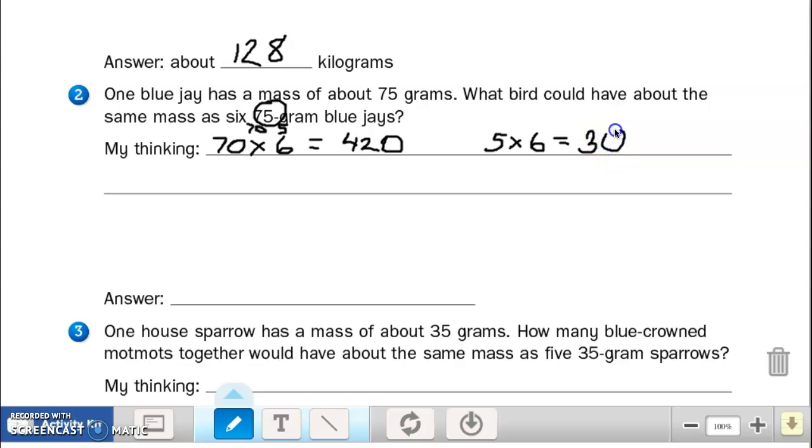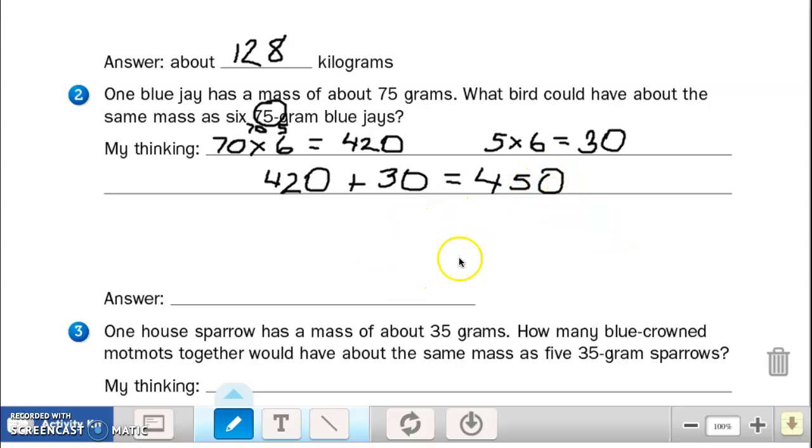And then I'm going to add those together. So 420 plus 30 is 450.